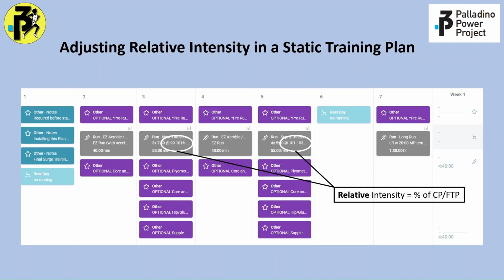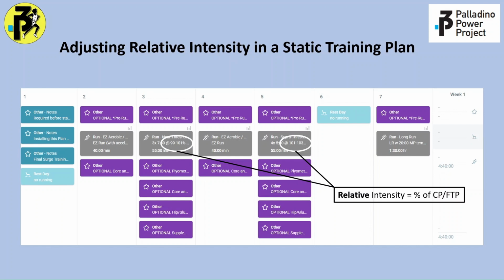Now, why am I using this word relative intensity? Well, absolute intensity would be just some number, some watts. Relative intensity means it's relative to some reference point. So in this case, in most of the training plans, it's relative to a percent of a valid critical power or functional threshold power, which are essentially the same concept. So it's a relative intensity to those values.